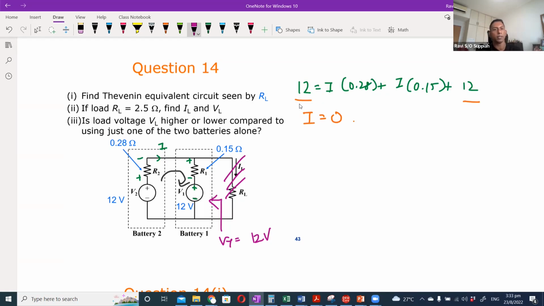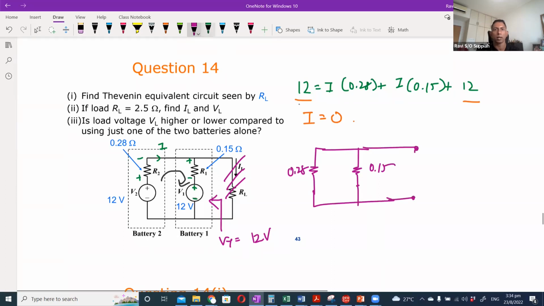Okay, how about the RT? If I want to look at RT, both the sources will be short circuit, so 0.28, 0.15. If I were to place the imaginary source here, then whatever current comes out here will split into this branch and this branch. That means they are both parallel.